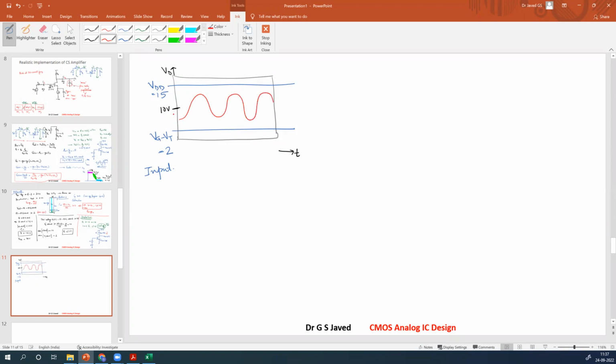We saw that V out can go to a maximum of minus 1 Vi cos omega t. So this will be 9, and here will be 11. So this is your condition where Vi is less than 1.0 volt. Now let us quickly draw another graph. We'll reuse this one.